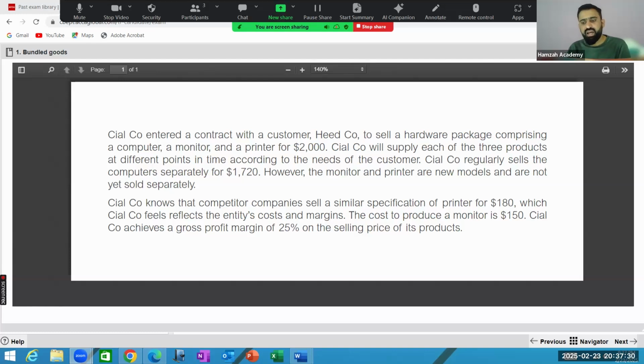C company will supply each of the three products at different points in time according to the need of the customer. C company regularly sells computers separately for $1,720 US.